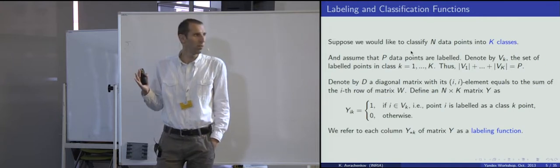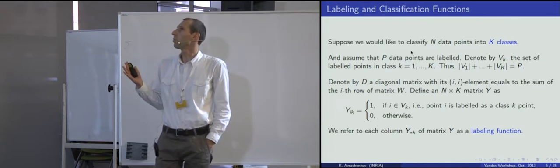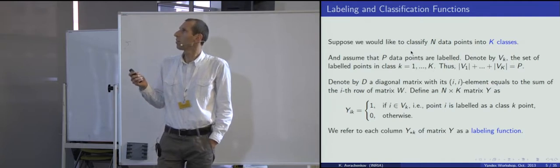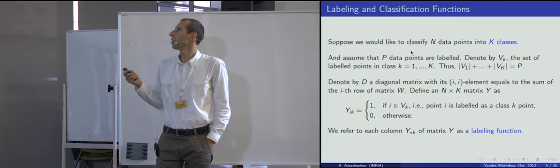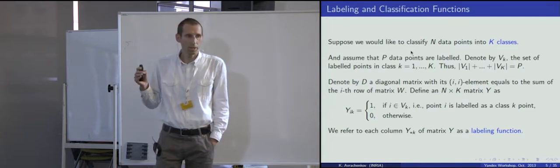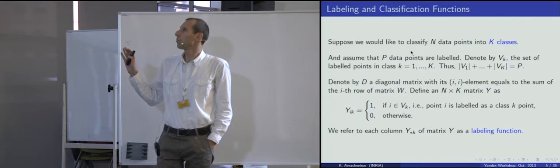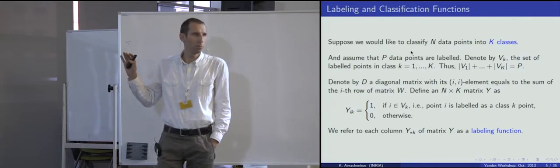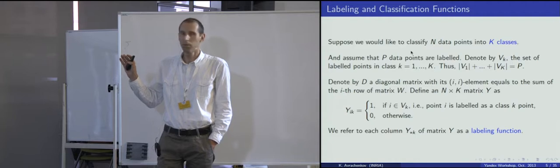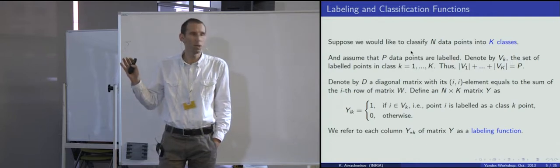We denote by V_k the set of labeled points, where small k runs from 1 to capital K. And we denote by capital D a diagonal matrix whose diagonal elements are equal to the sums of the rows of the similarity matrix. So it's a kind of generalization of the degree matrix.